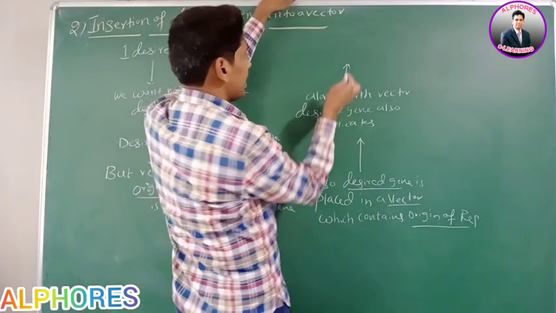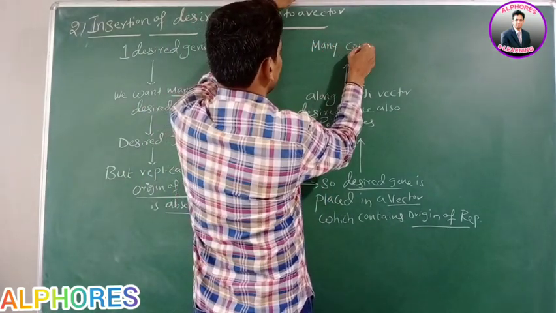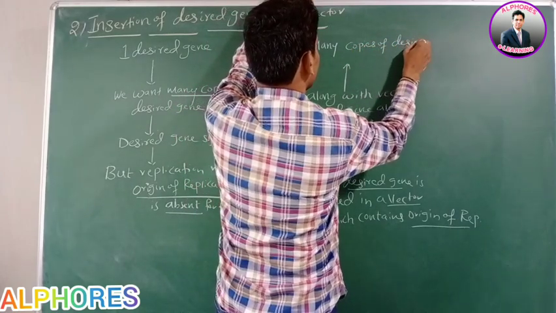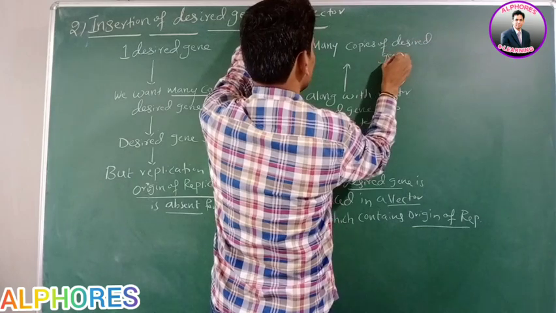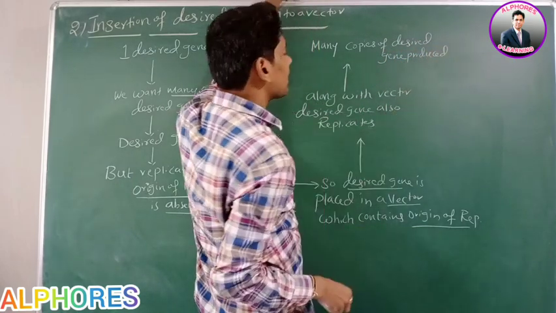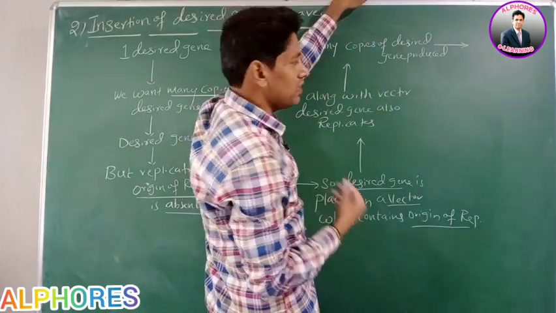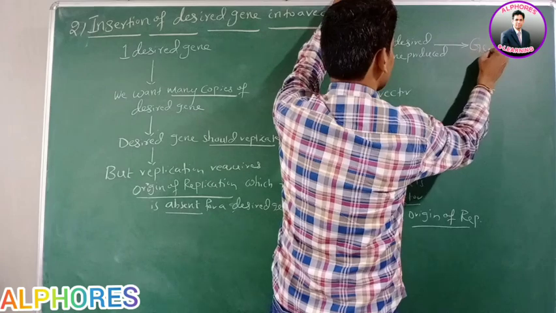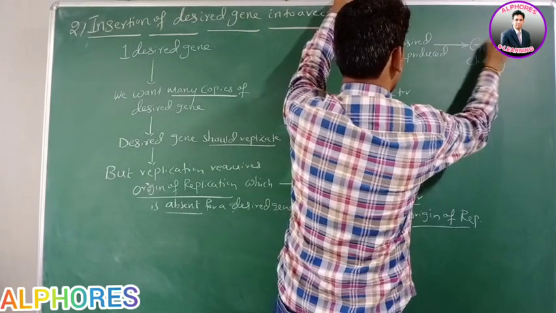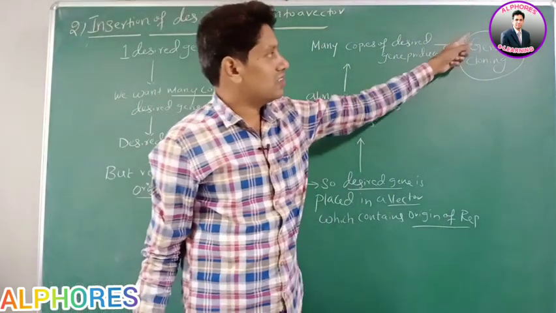Many copies of the desired gene are produced. Producing many copies of a single gene, what is that process called? Gene cloning process. Because the gene was cloned.